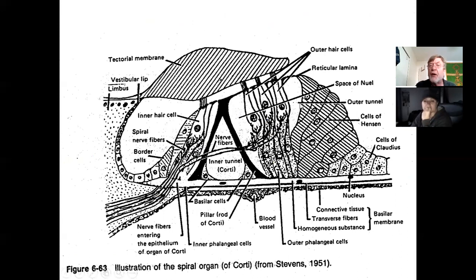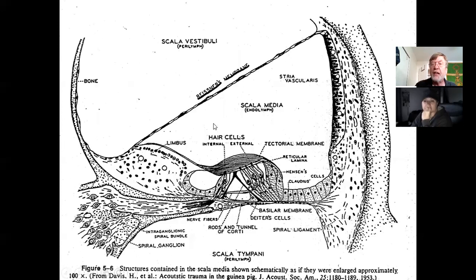Now this area is filled with fluid, and this area is filled with fluid. But what kind of fluid do you think it is? It's not endolymph. Endolymph fills this area, okay?